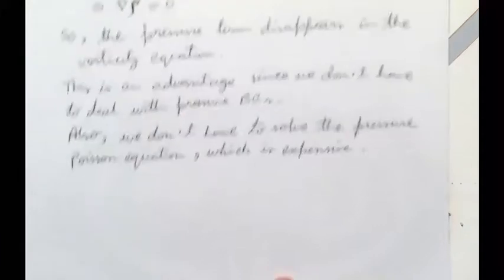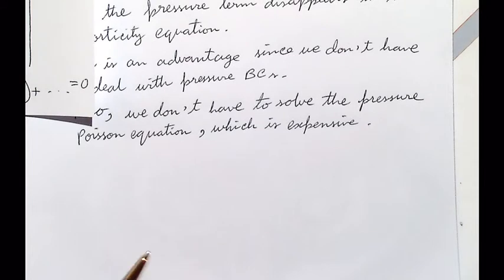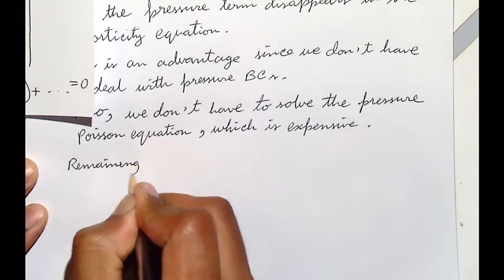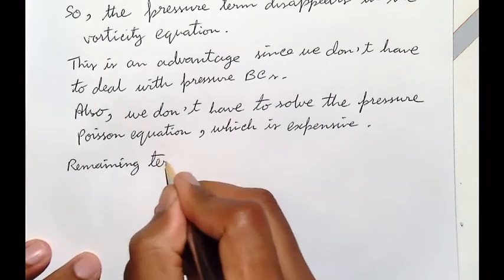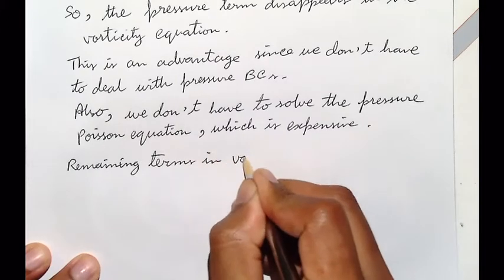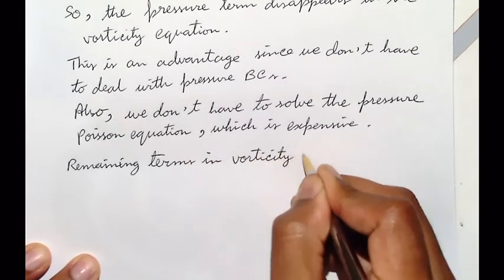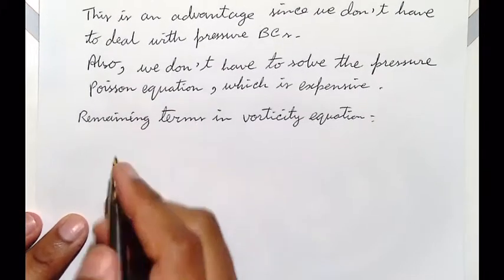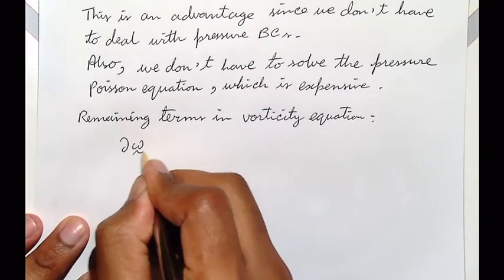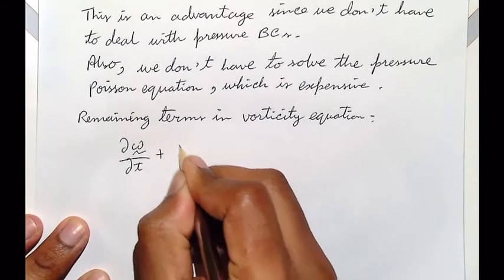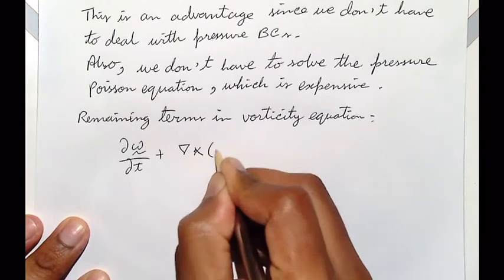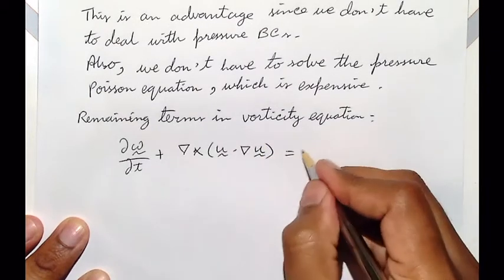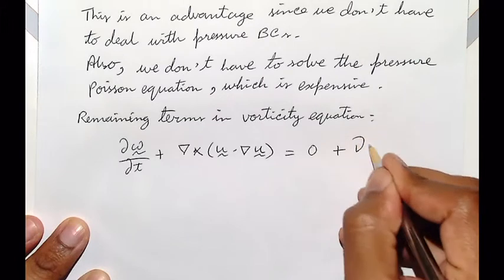Okay, so the remaining terms, let's see, what are the remaining terms? We have del omega by del t plus, this is a big term that is somewhat more problematic, and the right hand side is 0 plus nu nabla squared omega.